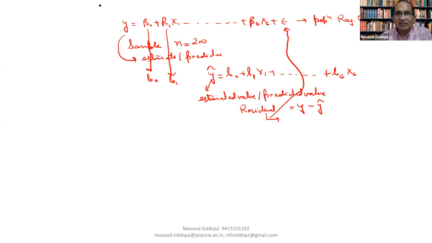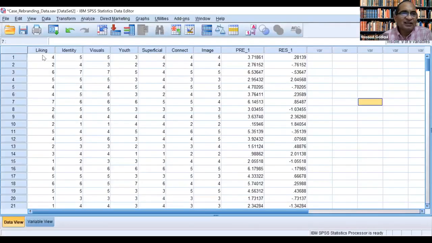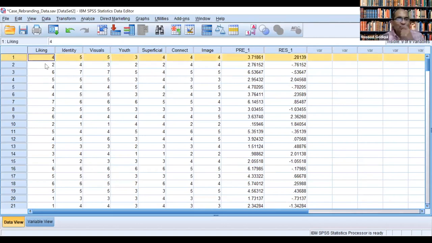So let me share the data sheet to show you these values, right? Here, the first respondent has mentioned 4 on a scale of 1 to 7 for the likeliness, which means this is the value of y provided by the respondent.